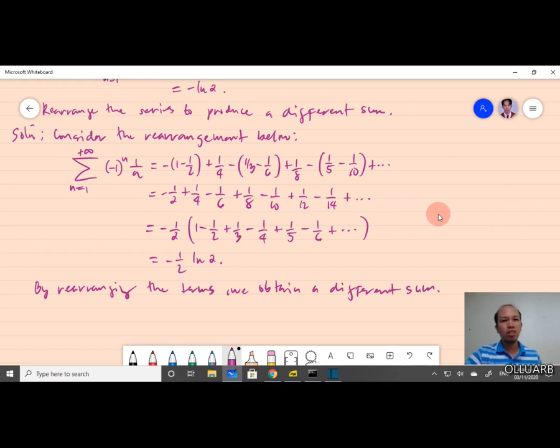Okay, so if the series is an absolute convergent series, then the sum will not be affected. Okay, so I guess that's all. So I hope you understand the method on how the rearrangement of a series works.